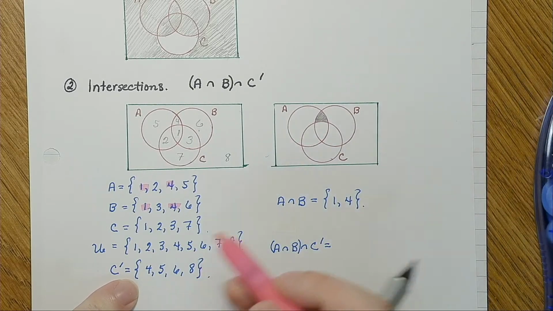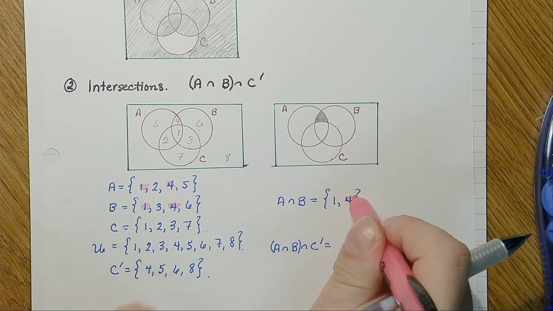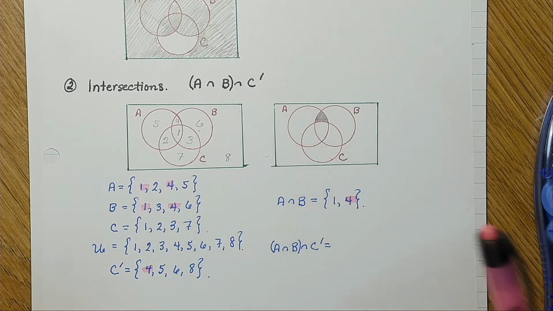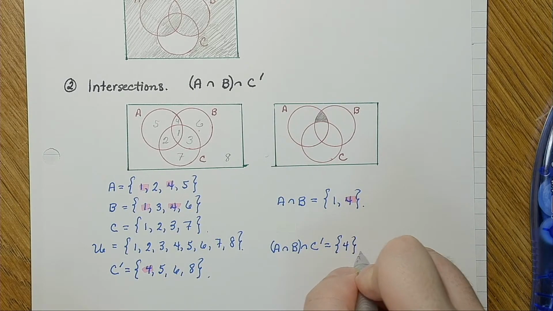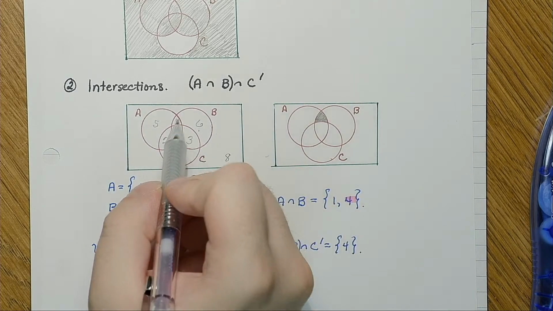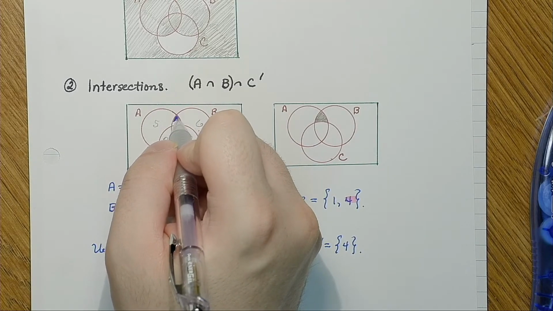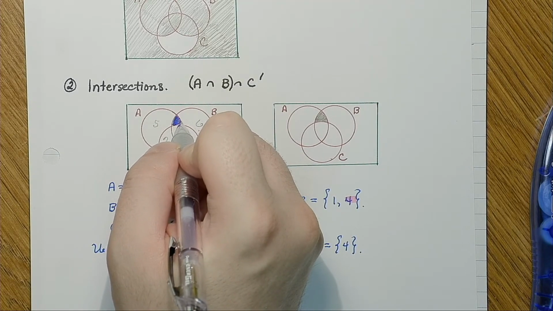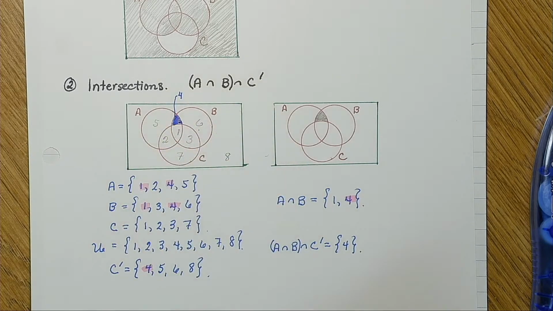And in this case, the only number that I see, not 1, because 1's not in here, but 4. And again, that corresponds to region 4 here, so that's what we would fill in. And that's it.